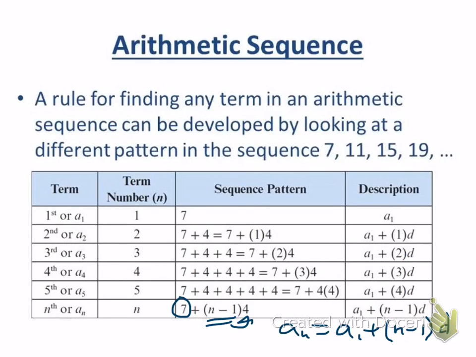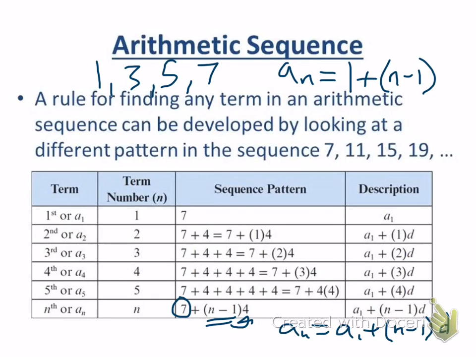Whoa. Yeah, so if we went back to that very first arithmetic sequence, what was it? Y'all remember? It was just the odd numbers, right? The nth term of that sequence is the first term plus n minus 1 times the common difference, which is 2.